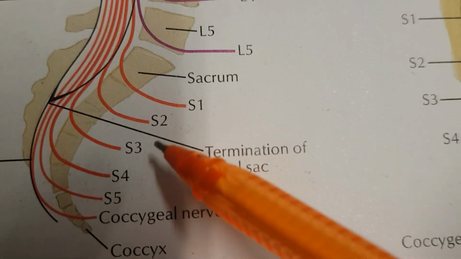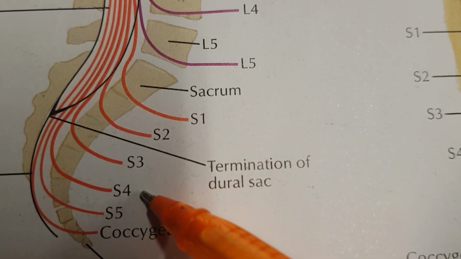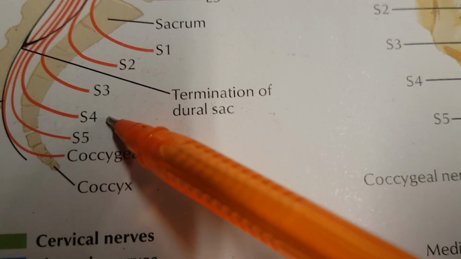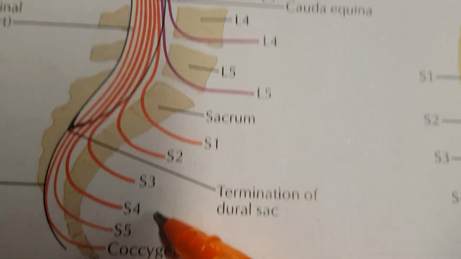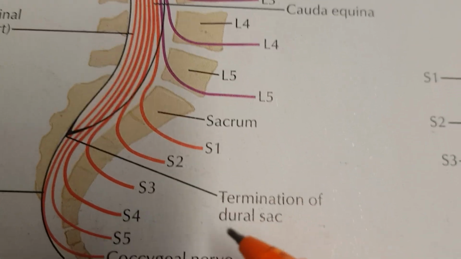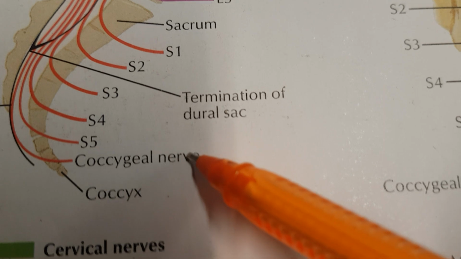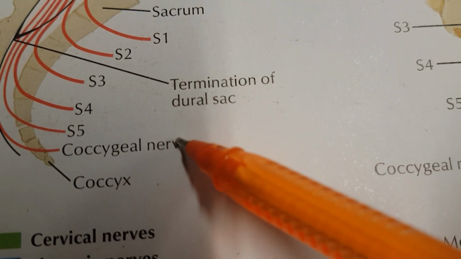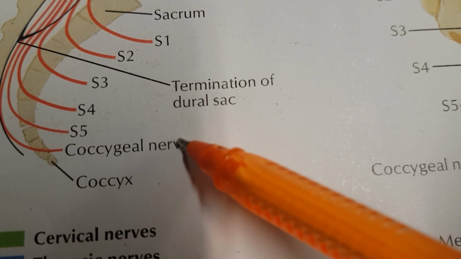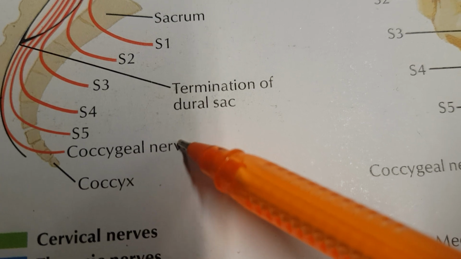Right? S3 and S4, you test the pelvic floor muscle. You check whether the patient has got a problem with bladder or genital function.